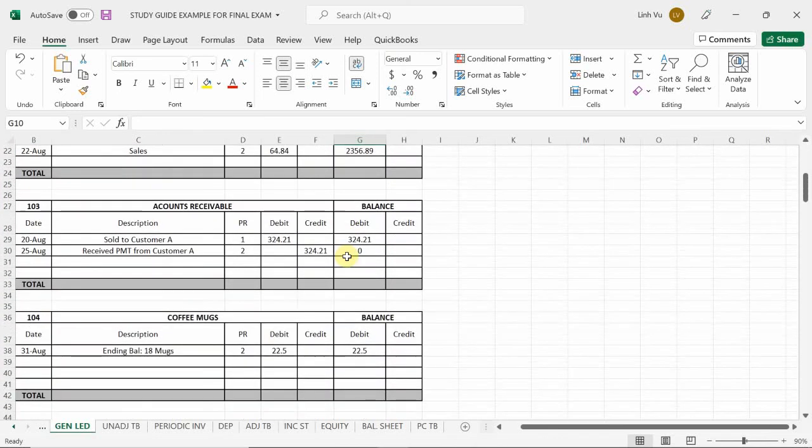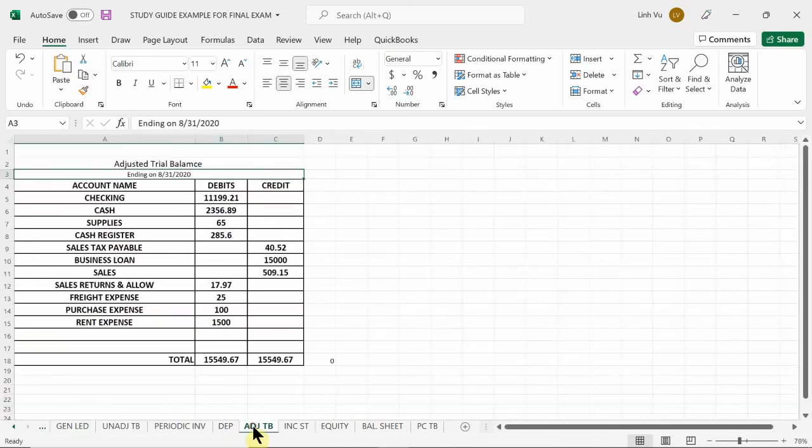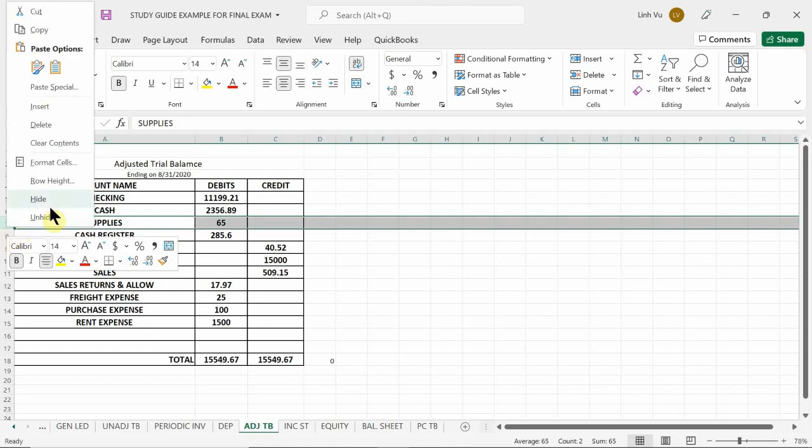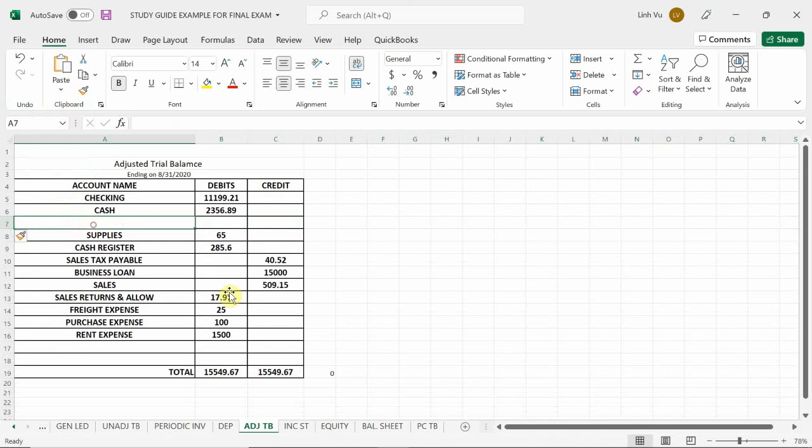Then we have our accounts receivable at 0. We have coffee mugs now for $22.50. So that's going to be something we need to add into our ledger here. So under cash, we're going to insert this, and this is going to be our coffee mugs for $22.50.